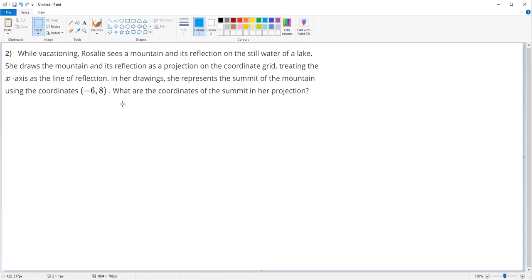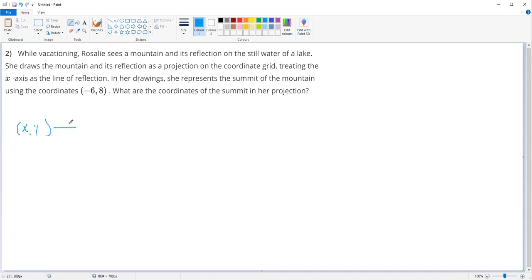So what was the summit? What were the coordinates? Okay, so you didn't need to read into this too much, right? All you really need to know was that the x-axis was the line of reflection. So that means it was x comma y.